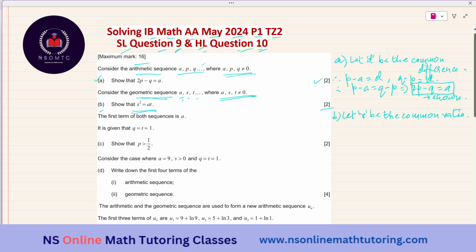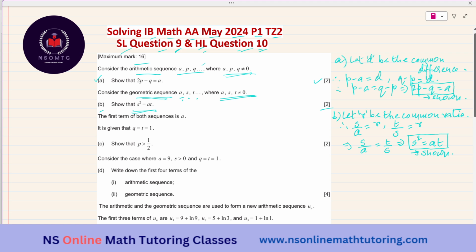Therefore, the second term over the first term, S over A is equal to R, and the third term divided by the second term is also equal to R. So, S over A is equal to T over S, or after cross multiplication, S squared is equal to AT. Okay. Again shown.